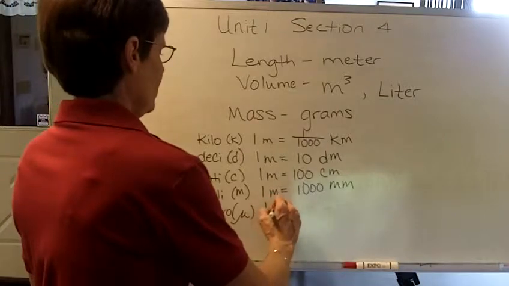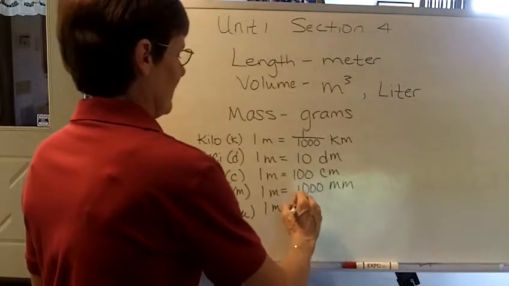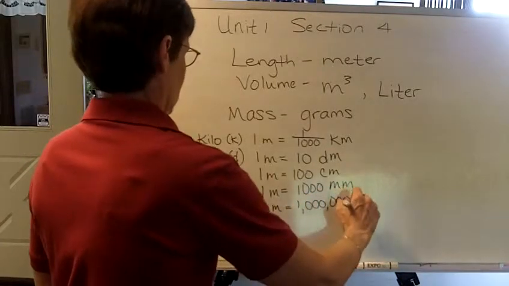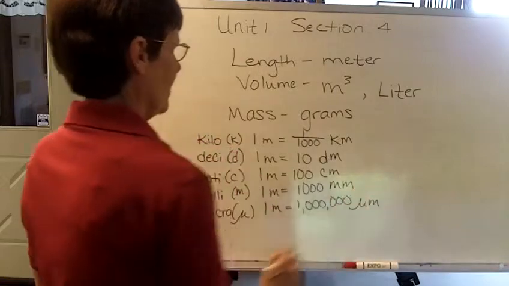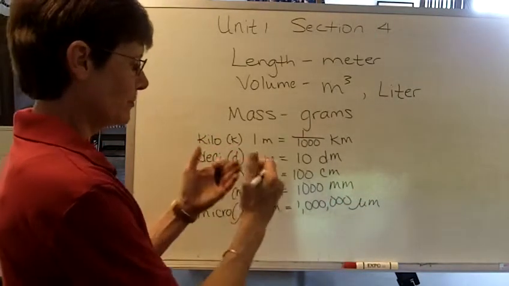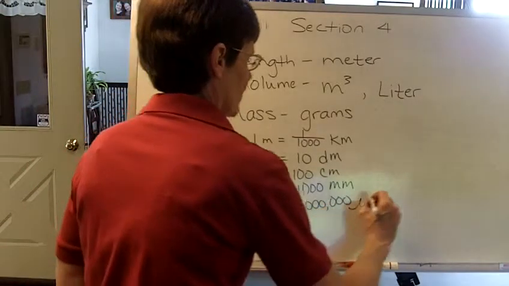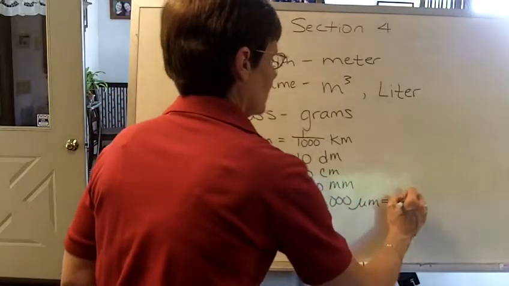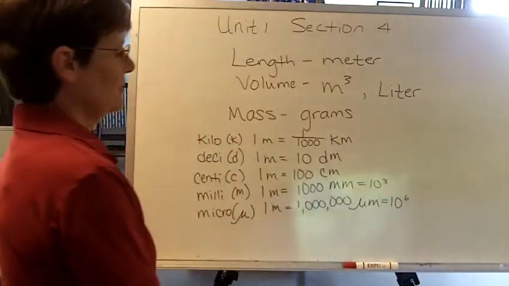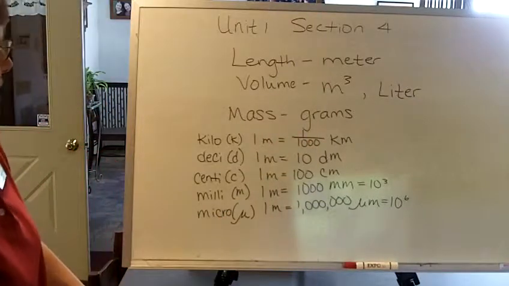And so 1 meter is equal to 1,000,000 micrometers. Now at this point, it might be handy to start using the exponents for this. So this is 10 to the 6th. This is 10 to the 3rd. 10 to the 2nd, 10 to the 1st. If you remember those.